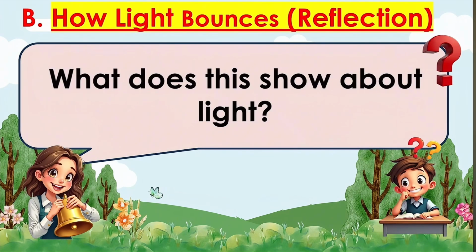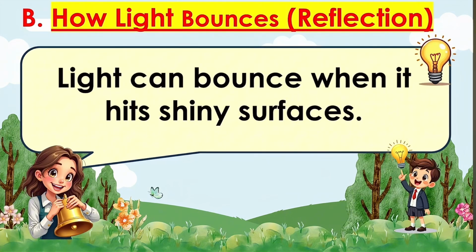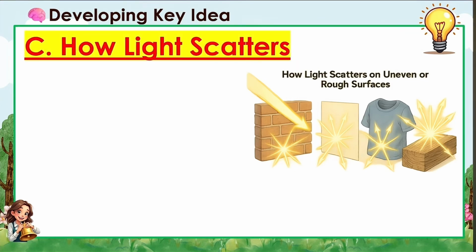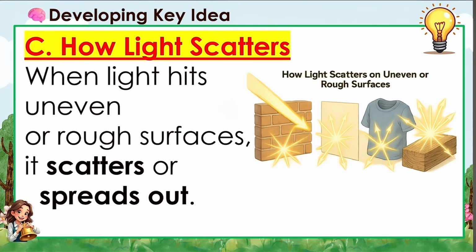What does this show about light? Light can bounce when it hits shiny surfaces. C. See how light scatters. When light hits uneven or rough surfaces, it scatters or spreads out.